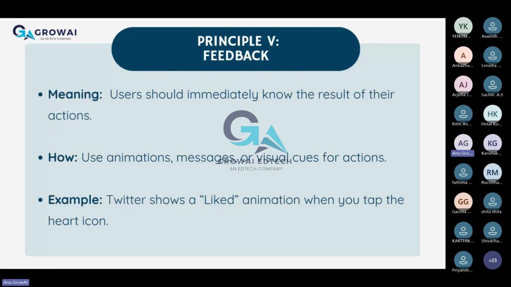Okay, so speaking about the next principle of UX, that is feedback. Feedback is something we have experienced in many applications. Let us consider Instagram. If I click on a like or a comment, like I'm posting a comment on a reel, and I post the comment, it will show a pop-up like comment sent.